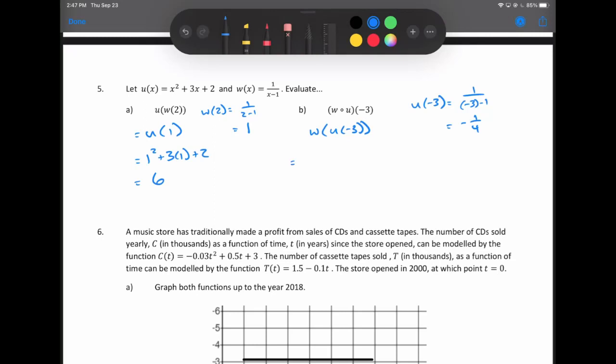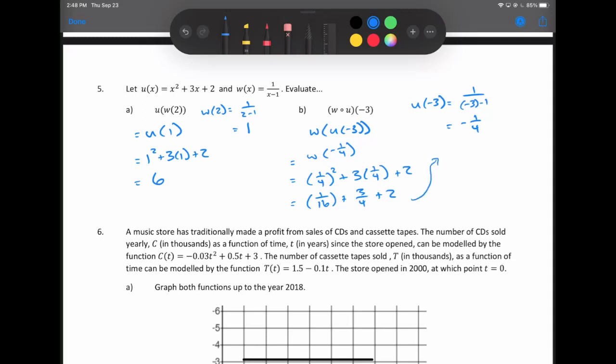Now that I have that, this is the same thing as w at negative 1/4, which is going to be 1/4 squared plus 3 times 1/4 plus 2, which is 1/16 plus 3/4 plus 2.